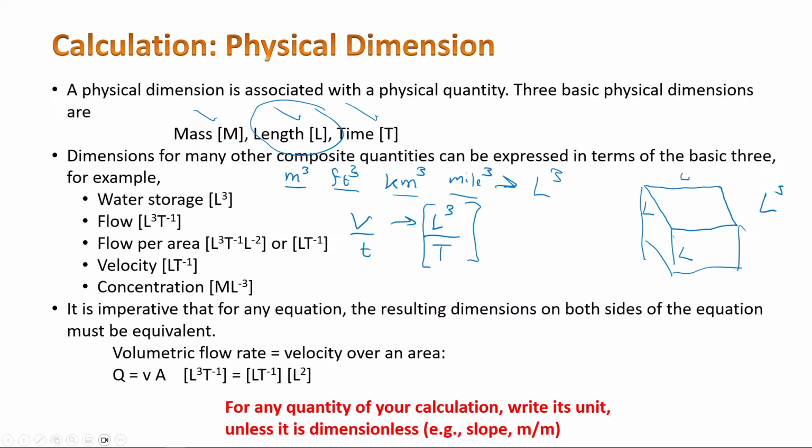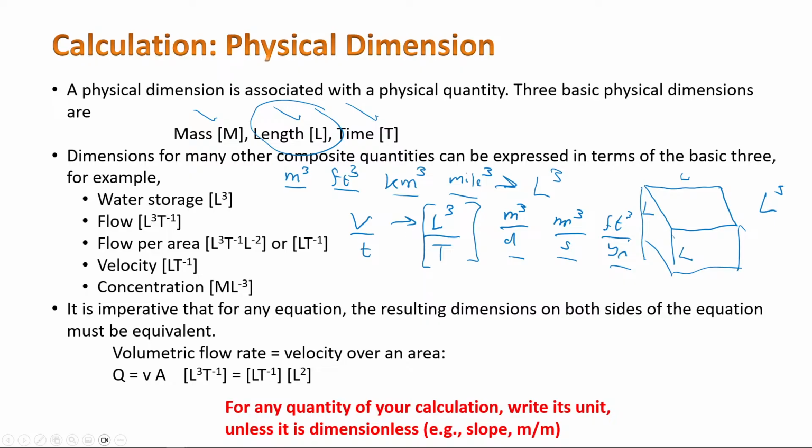The unit could be anything: meter cube per day, or meter cube per second, or feet cube per year, whatever. You need to differentiate between the units and the dimension. The dimension would be length cube over time, because volume has the dimension L cube and time is T.